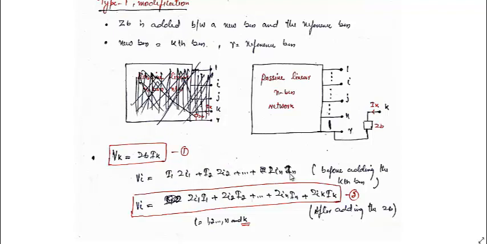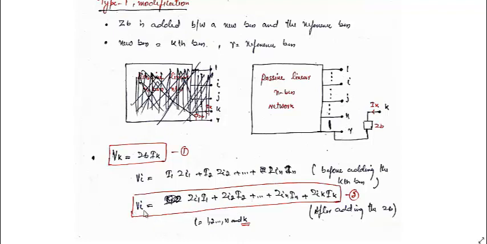I have expanded it. So when we introduce this Zik, Vi will be equal to Zi1 I1 plus Zi2 I2 plus Zin In plus Zik Ik, because now there will be one more bus and that contributes to this system as Ik. Now this Vi is the voltage of the buses from 1 to N. Let us take K also, because there are now N plus 1 buses including N buses.